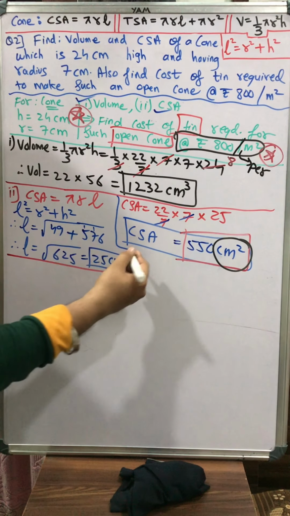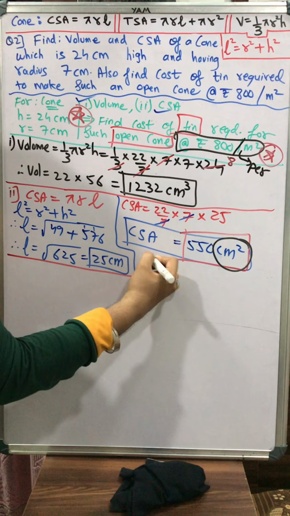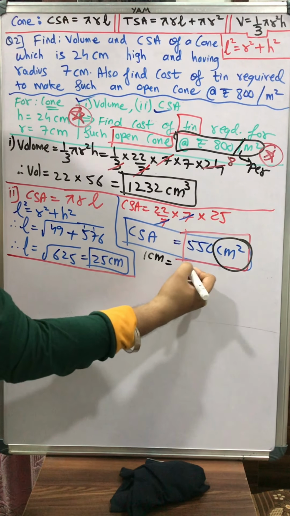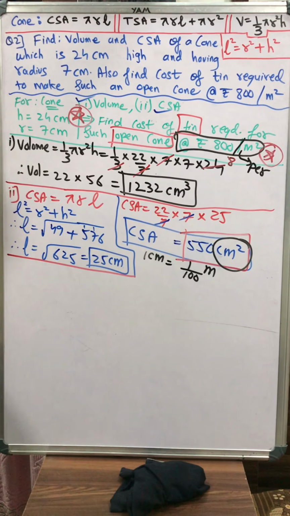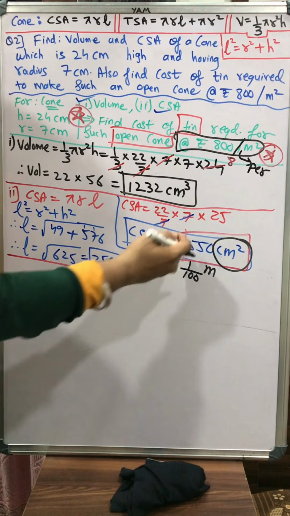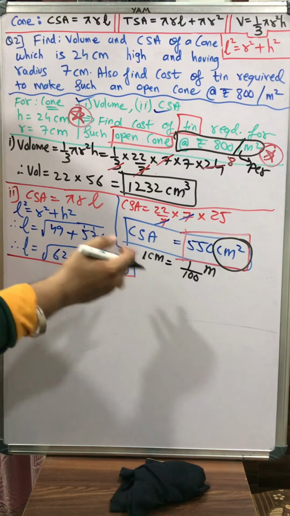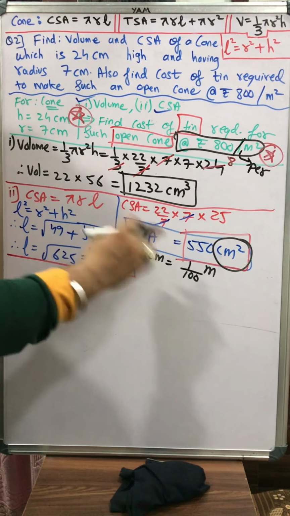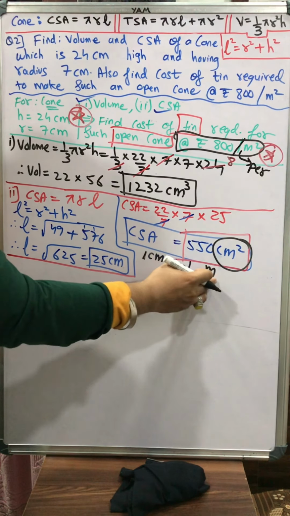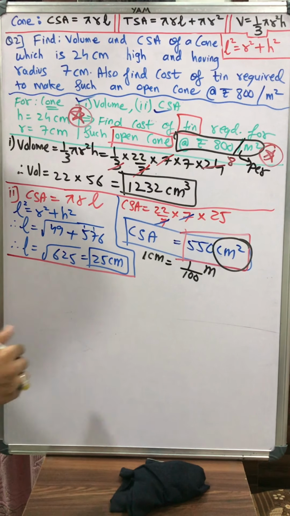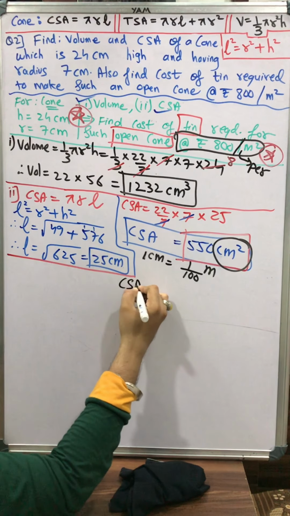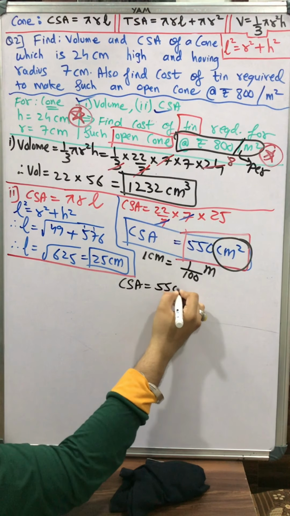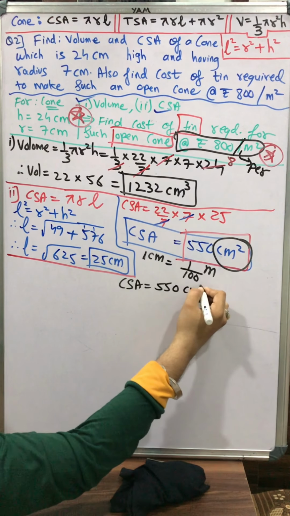Okay. Now pay attention. We all know that 1 centimeter can be written as 1 upon 100 meters. So whenever centimeter is given, if you divide it by 100, it gets converted into meter. But students, over here, pay attention please, it's very important. Here it's given to us that curved surface area is 550 centimeters square.